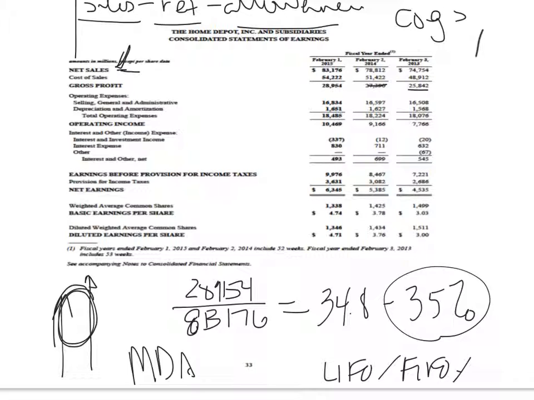So this, for most firms that sell stuff like the Best Buys and the Walmarts and the Home Depot, is typically the largest expense they're going to have. And if you look down here, you do see that it is the largest line item in that particular income statement.